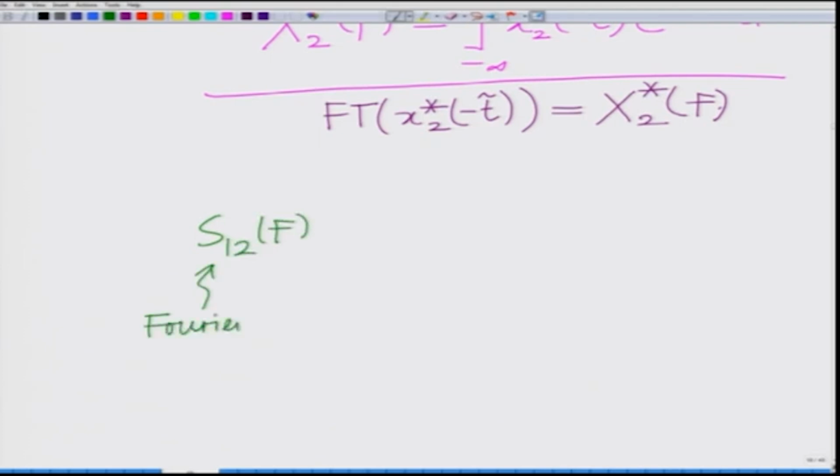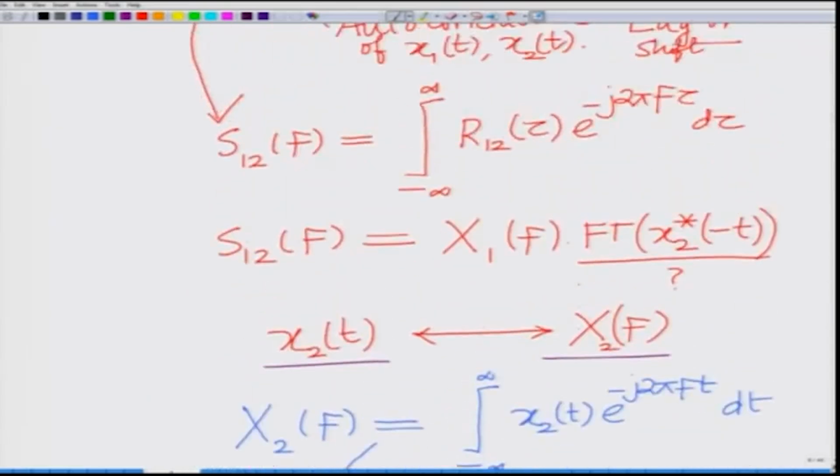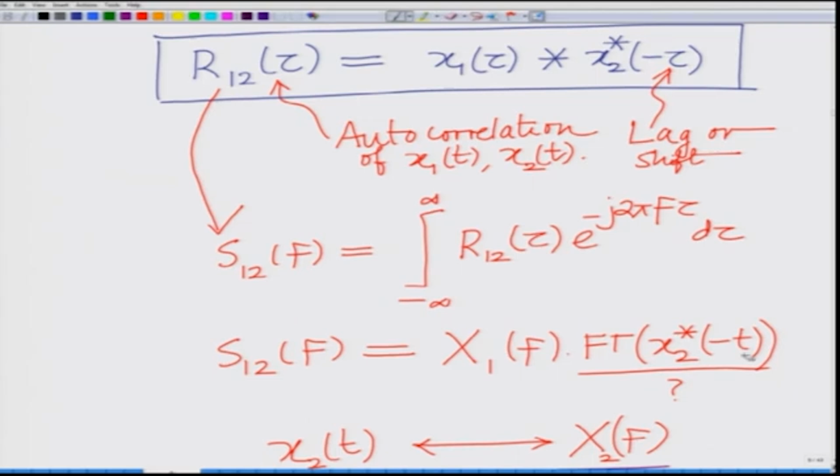Remember, S12(f) is the Fourier transform of your cross correlation function R12(tau), that is x1(f) times the Fourier transform of x2 conjugate of minus tau.